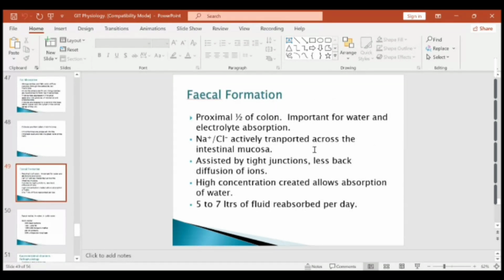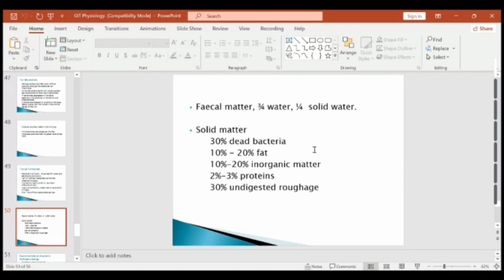We're almost at the end. So after digestion, we have absorbed what remains, and this will lead into the absorption of sodium, chloride, and water, about 5 to 7 liters per day. And whatever remains now is solid matter, which we call the fecal matter, and 30% of it is solid bacteria, a little bit of fat that has not been absorbed, some organic matter, and undigested material, which we call the roughage.